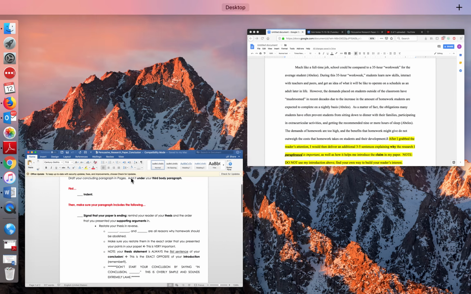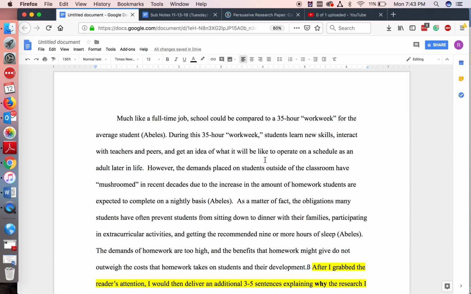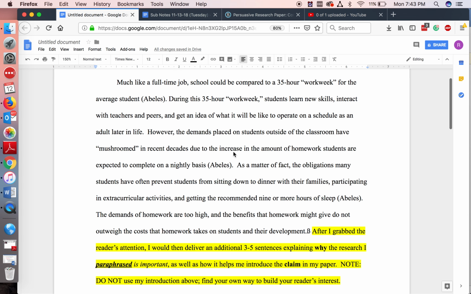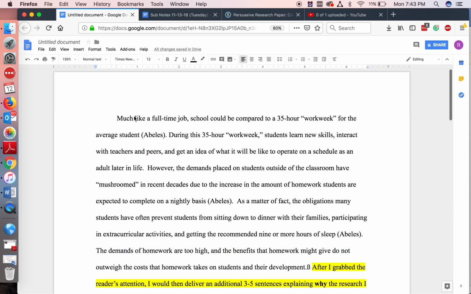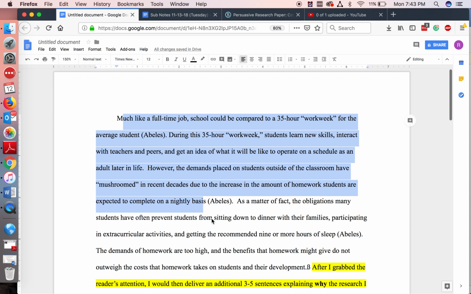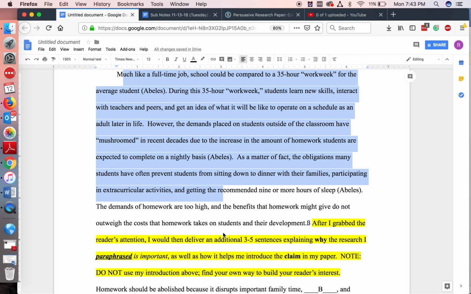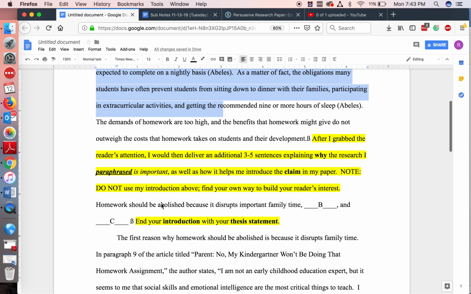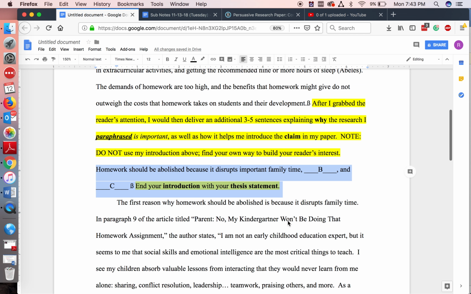And I'm actually going to flip over to my paper real quick here. So, ladies and gentlemen, we have our introduction here that we just worked on in our previous step. You've grabbed my attention up here, you've connected, you've explained why your issue is worth talking about. And you've ended your introduction with your thesis statement that previews the organization of your paper.